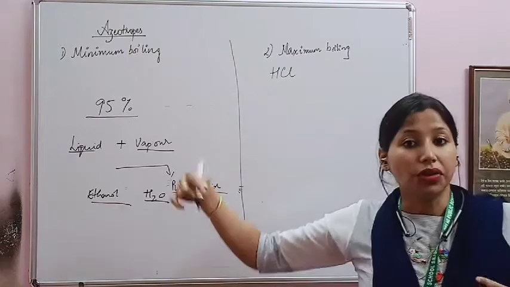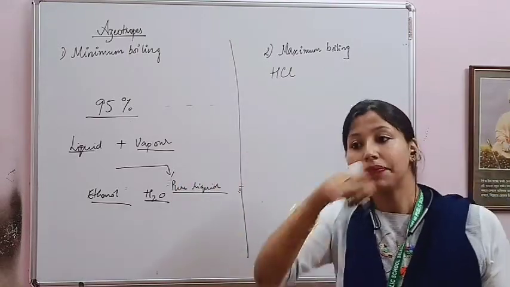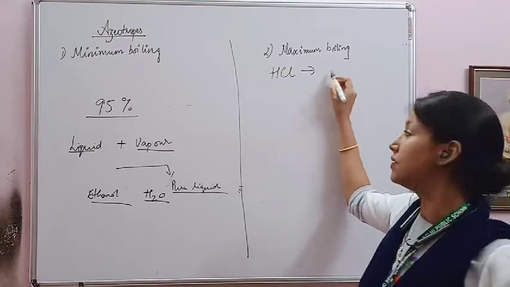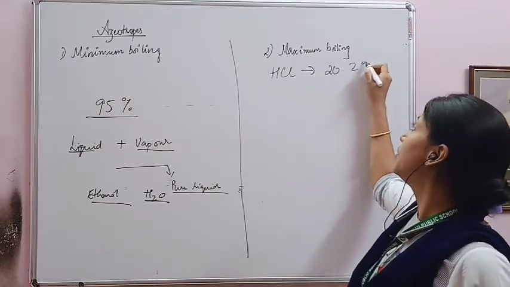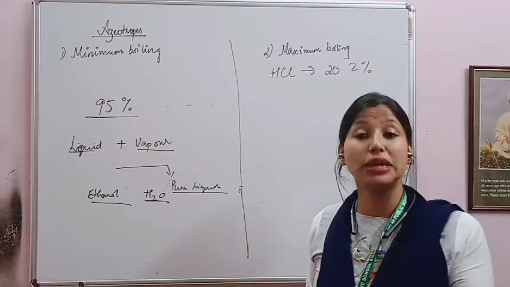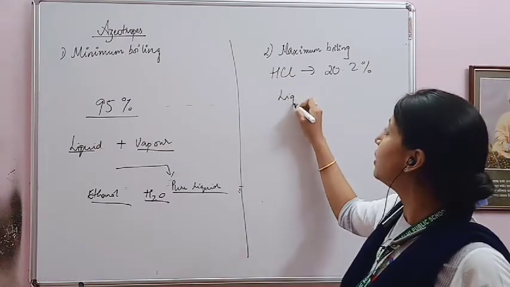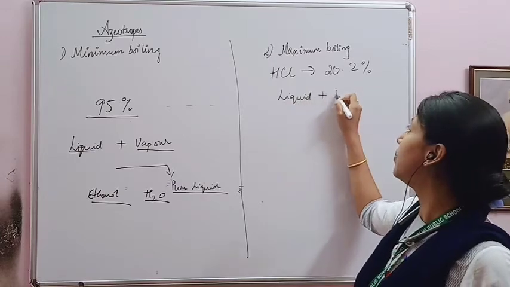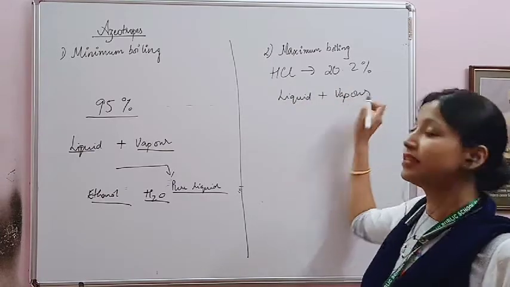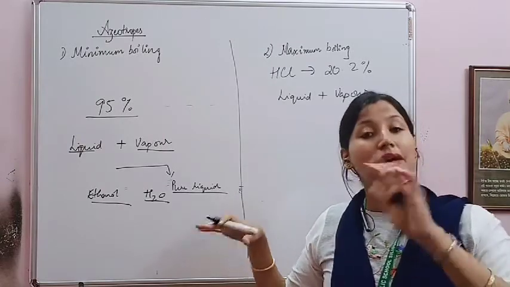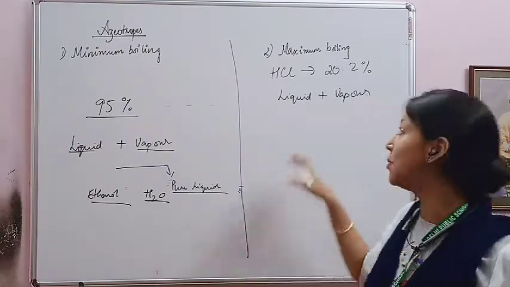When HCl and water mixture is distilled, and when the concentration of HCl in the mixture is around 20.2%, the composition of liquid and vapor becomes the same, and it will distill off as if it is a pure liquid. But it is not a pure liquid. We must remember that it is a mixture.